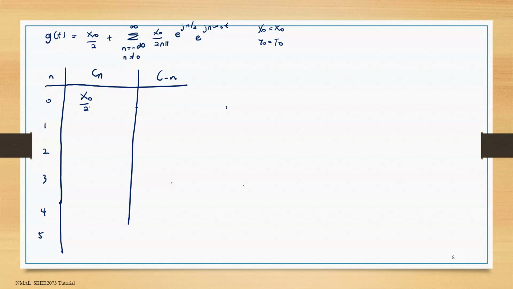Okay, so for n equal to 0, this one should be x0 over 2. For n equal to 1, you put n equal to 1 in the equation here. Okay, it will become x0 divided by 2 pi exponent j pi over 2. For C negative n, n equal to negative 1, it will become x naught divided by negative 2 pi, because n equal to negative 1, and this one becomes exponent j pi over 2.